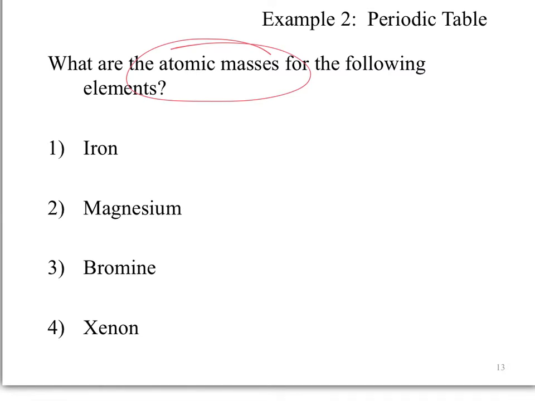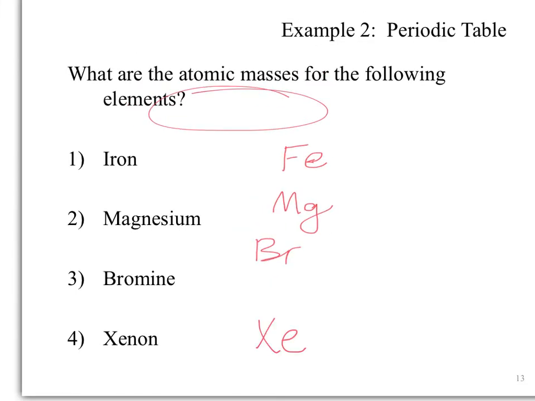So atomic masses do appear on each of those unit tablets for each of the elements, and that is that fractional number that you see for each of the elements. And so for iron, you're looking at the fraction right under Fe. So it really depends on the periodic table that you're using, but on the one that I have in front of me right now, this is 55.45 AMU.